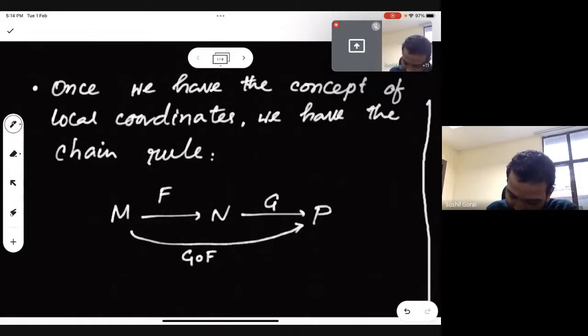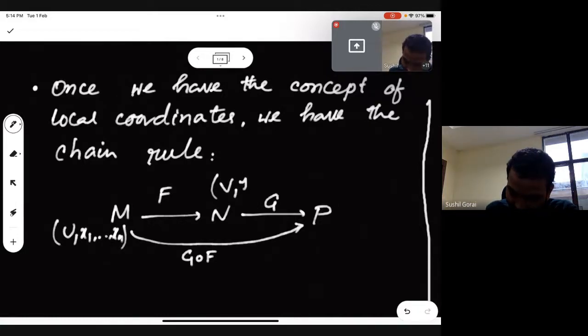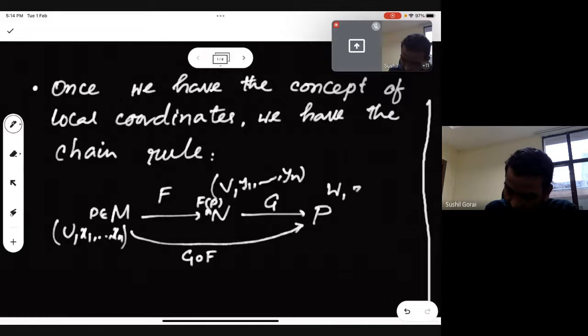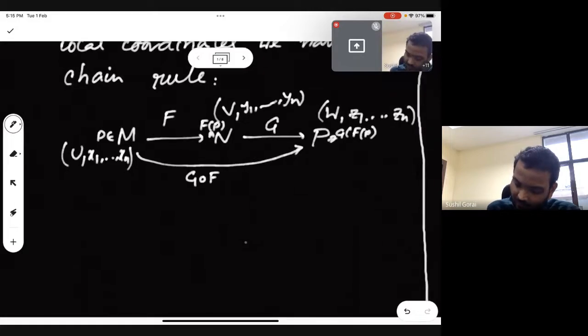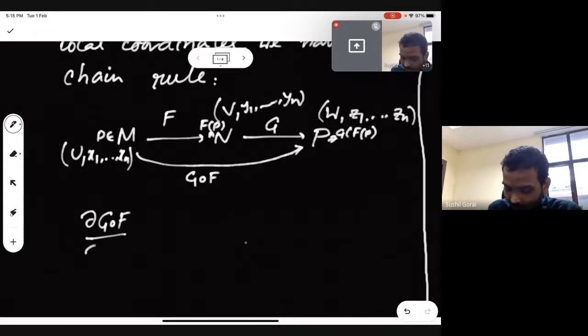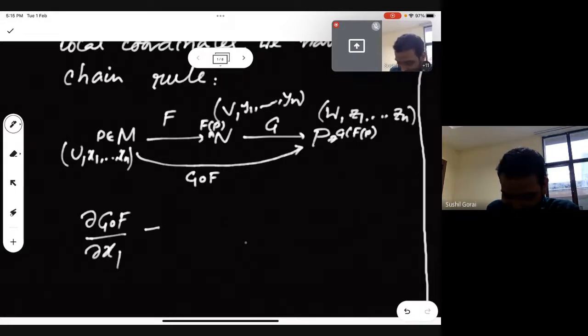So choose a local coordinate U, x1, x2, ..., xn near the point, and V, y1, y2, ..., yn near F of P, and W, z1, z2, ..., zn around G of F of P in the manifold P. Then you have G compose F by del x1.